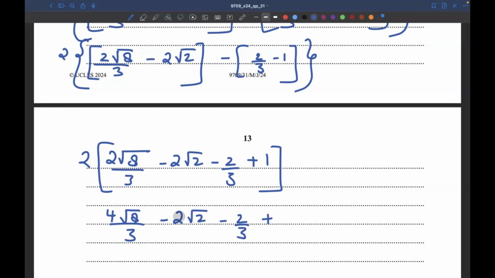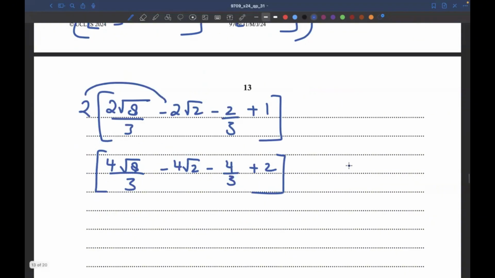Sorry, we have made a mistake over here. So this will become 2 times 2 is 4. So this will become 4 root 8 upon 3 minus 4 root 2 minus 4 upon 3 plus 2. Now, let's simplify this. Minus 4 upon 3 plus 2, taking the LCM, this will become 2 times 3 is 6. So this will be minus 4 plus 6, that is 2 upon 3.